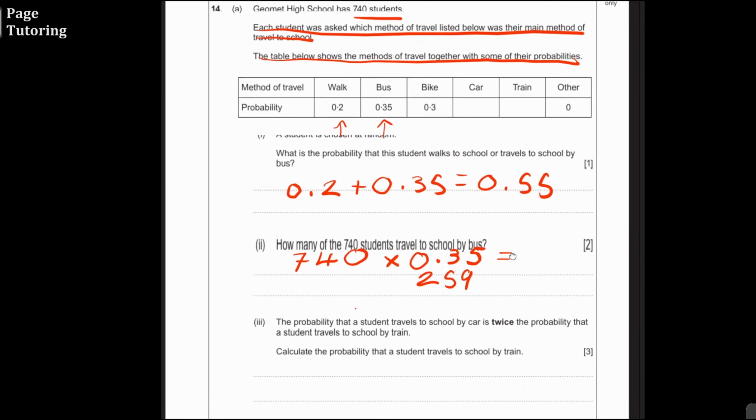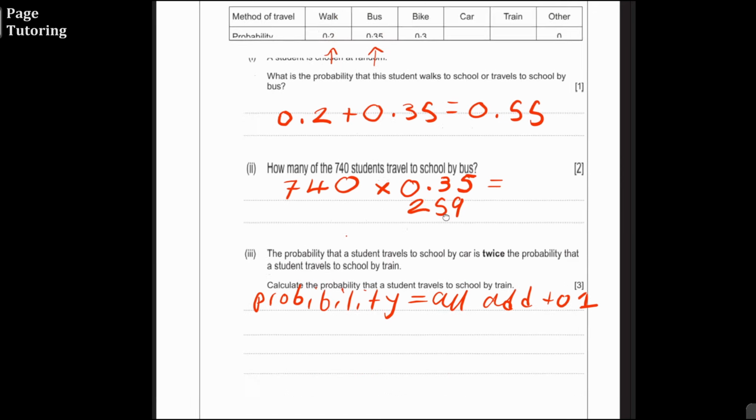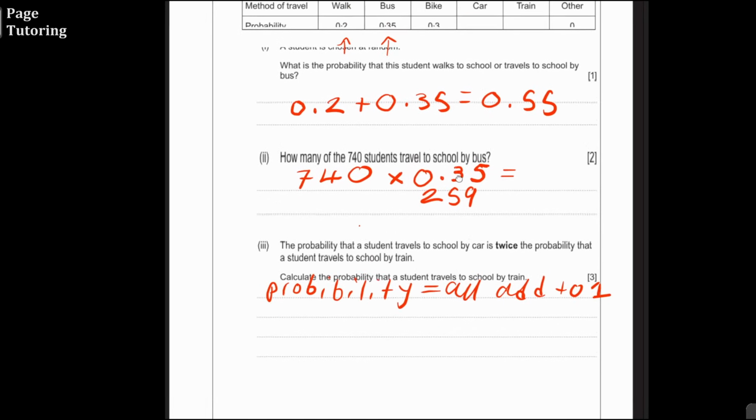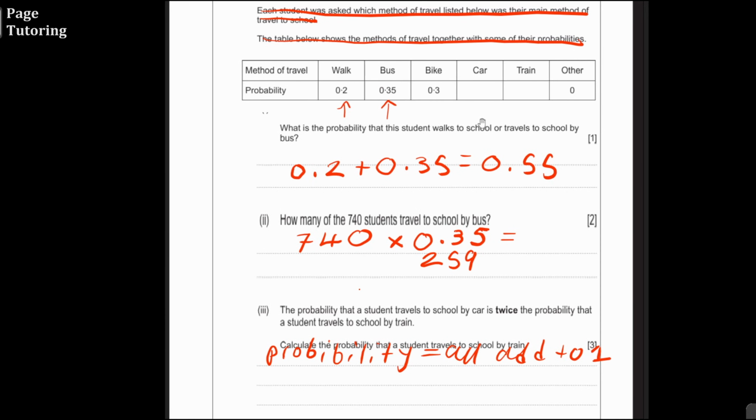Well, the first thing we need to know about probabilities is, so you can even write it down, probabilities all add to 1. So all of them probabilities added together should equal 1. So that will tell us what the probability of car and train, at least together, would be.